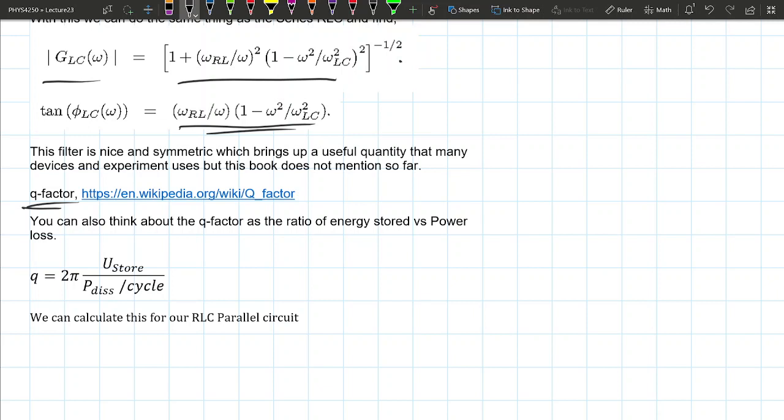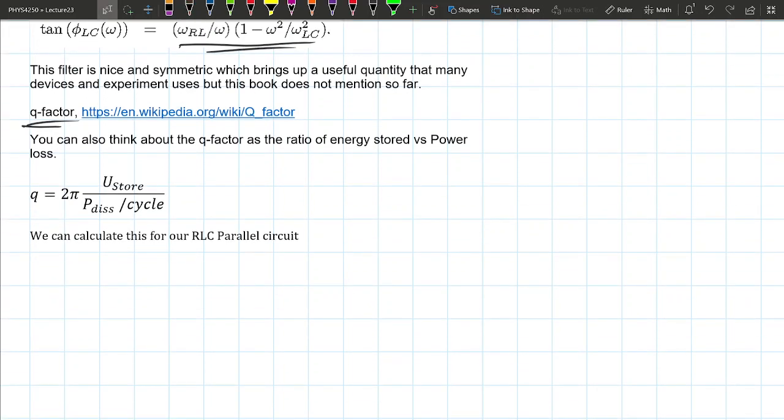The idea is that it's a measurement of how good your resonator is, how good your resonance is, okay? The way it does this is by quantifying how much energy is being stored inside your circuit divided by how much energy it loses per cycle, or every period of your oscillation. Hopefully that makes intuitive sense: how much energy you're able to store divided by how much energy you lose per second.